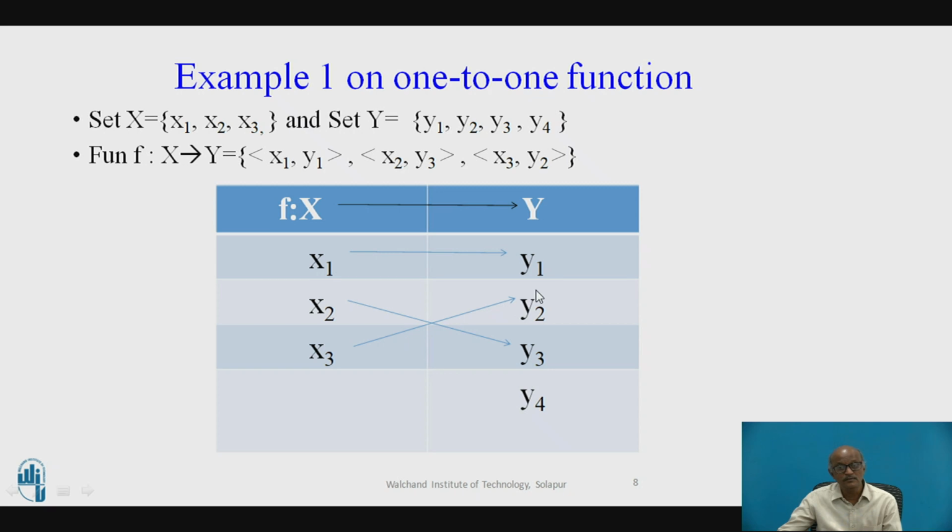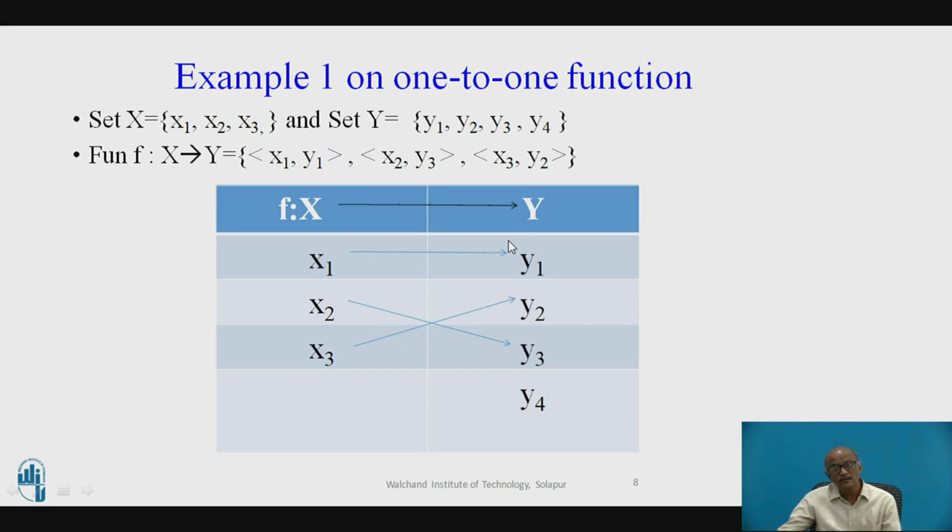And then what is the range of the function? Range of the function means we have to consider only the elements of Y which are involved in the mapping, and the element which is not involved in the mapping should not be considered. Here y1 is there in the mapping, y2 is also there with x3, and y3 is involved with x2.